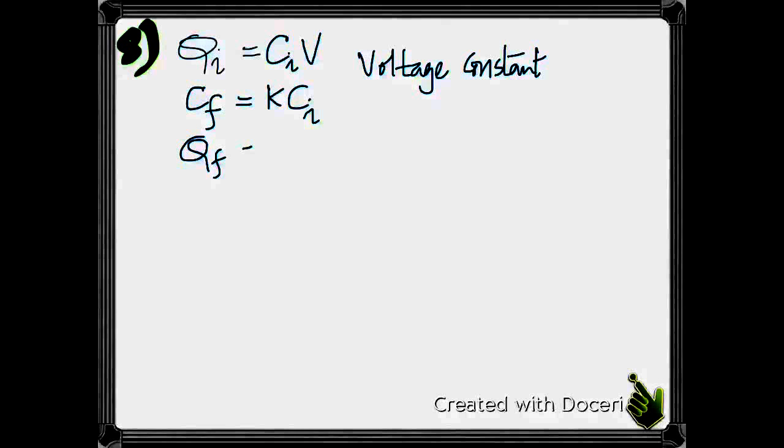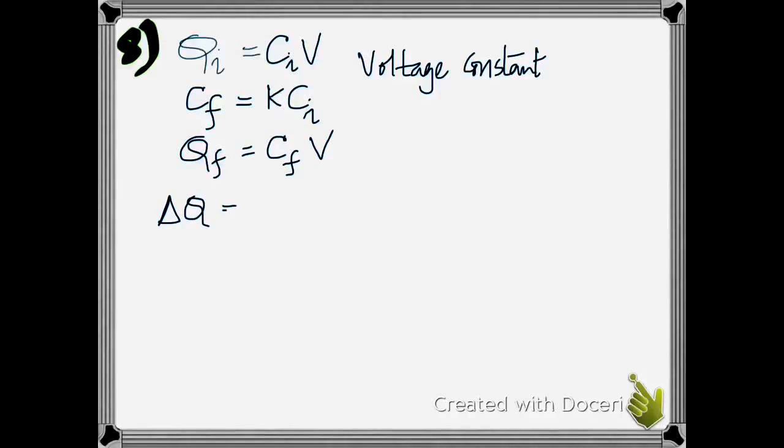Now Qi is the initial capacitance times the voltage. Remember that in this case, because the capacitance is still connected to the battery, the voltage will not change, and the final capacitance becomes K times Ci, where K is the dielectric constant of mica. Therefore the final charge would be the final capacitance times the voltage.